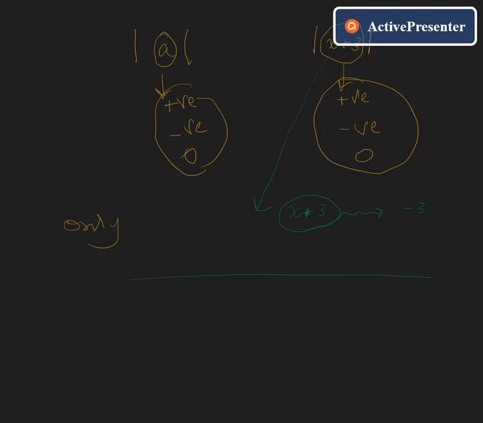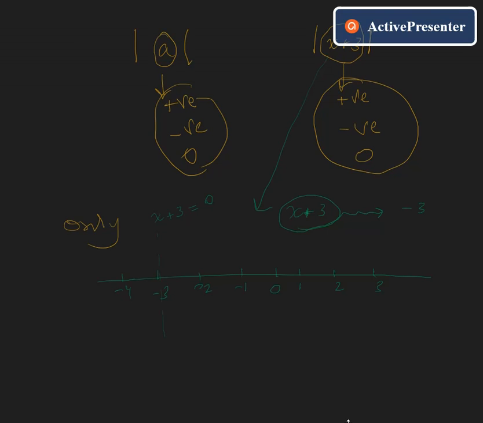On the number line, 1, 2, 3, minus 1, minus 2, minus 3, minus 4. At this value, x plus 3 equals 0. At x equals minus 3, we have 0.